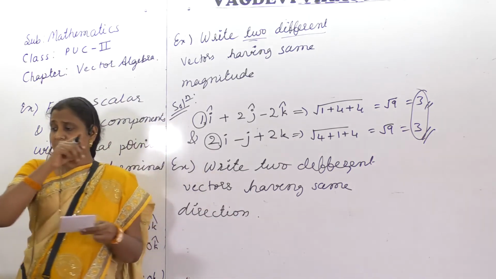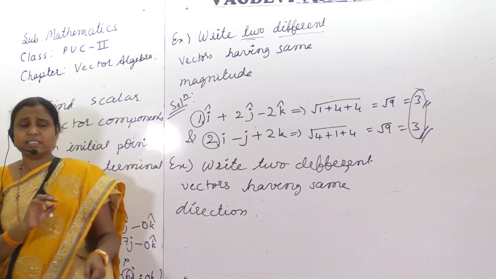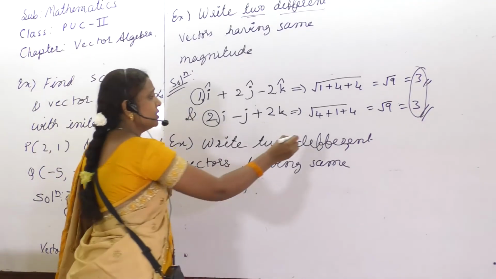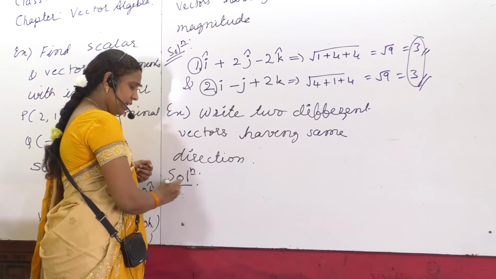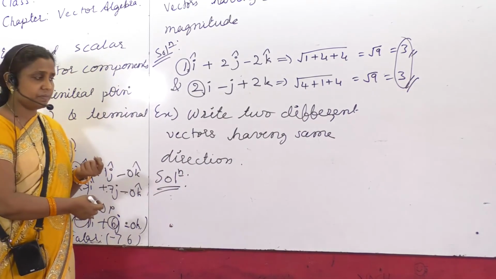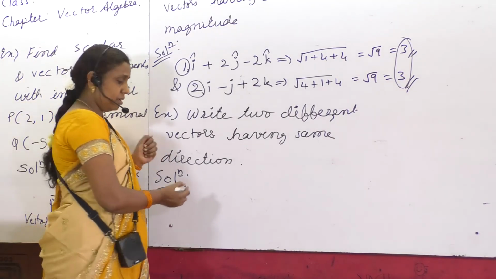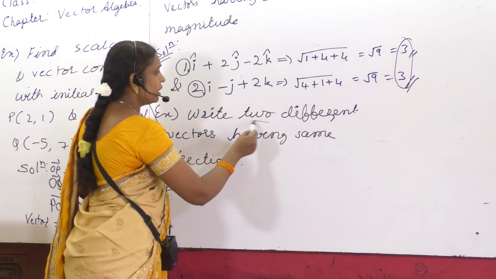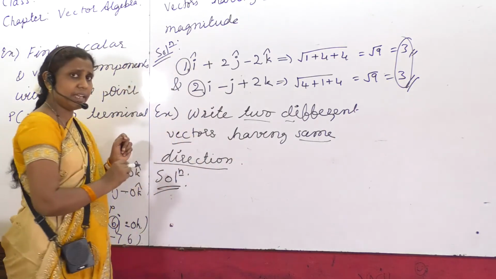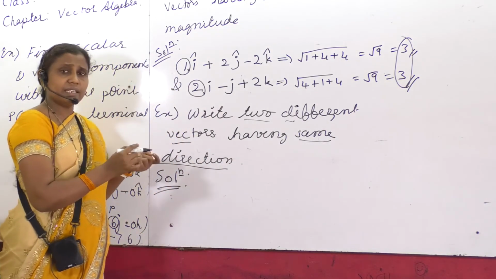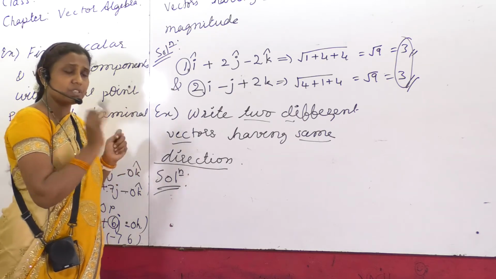So the components must be proportional in this case, like that the vectors should be. For example, in this case also you can put infinite number of solutions. For a particular one, I will be collecting two different vectors in the same direction. They are saying same direction means what? The i, j, k components must be proportional.